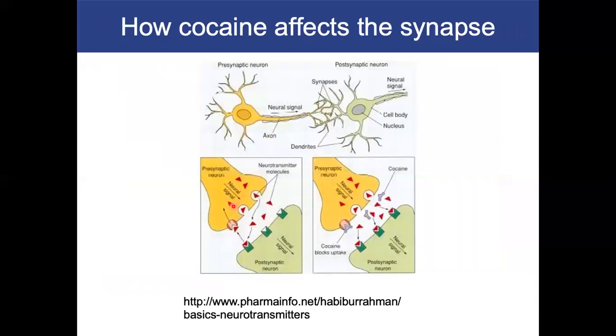Okay. Here's a picture. So how does cocaine affect the synapse? So if you look, here's your presynaptic nerve, here's your synapse, and here's your postsynaptic nerve. Normally, when the presynaptic nerve gets excited, it releases, in this case, dopamine onto the dopamine receptors, right? And gets the postsynaptic nerve excited. Then the dopamine is pulled back into the first nerve using a transport channel.